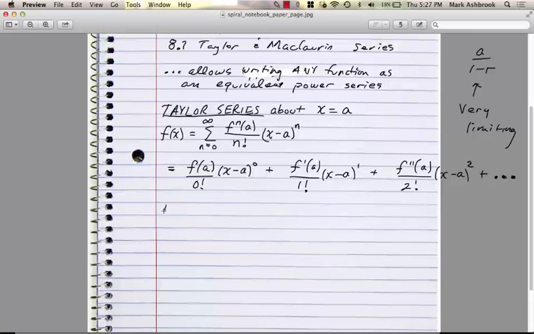So a Maclaurin series is the nice, easy version. It's all it is, a Taylor series where a equals 0. You're centered about 0. So it's a nice place to start.